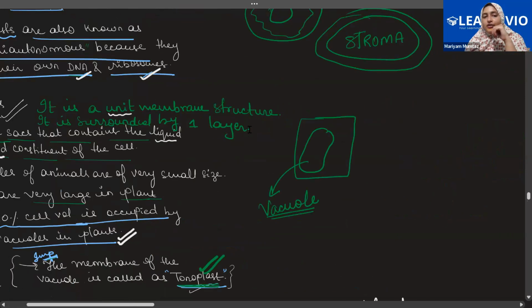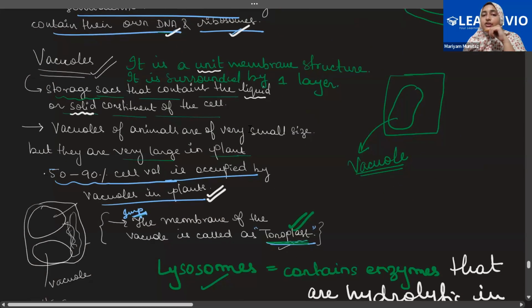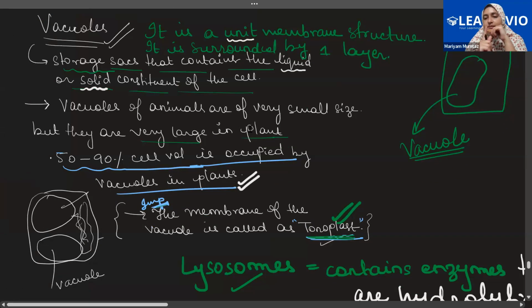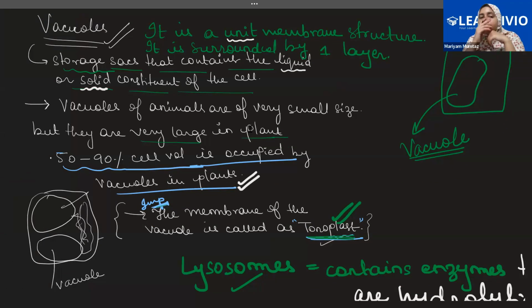All right. Now we'll talk about vacuoles. See, vacuole is a unit membrane structure. Unit membrane means only one membrane is present. They are the storage bodies found in the cell and they do liquid storage and solid storage. Anything that has to be stored in the plants is mostly present in the vacuole. So the vacuole performs like a storeroom. Now, the vacuoles in animals are very small and temporary.